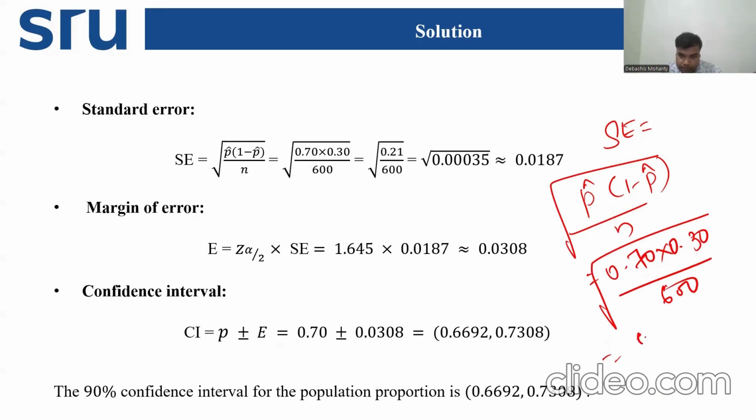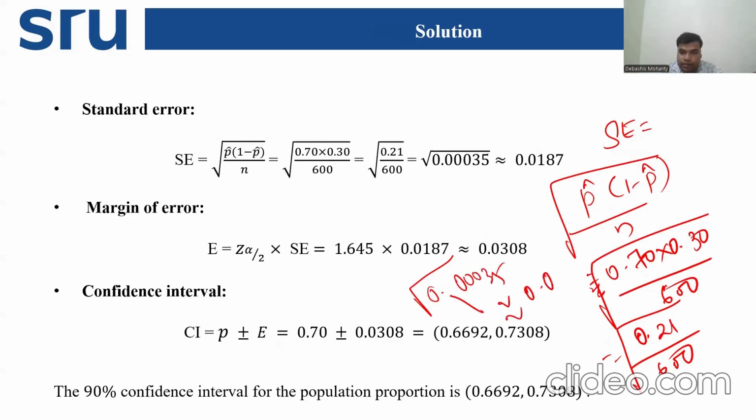That is 0.21 divided by 600 square root. How much will you get? Square root of 0.00035, nearly equals 0.0187. This value we will get, right?